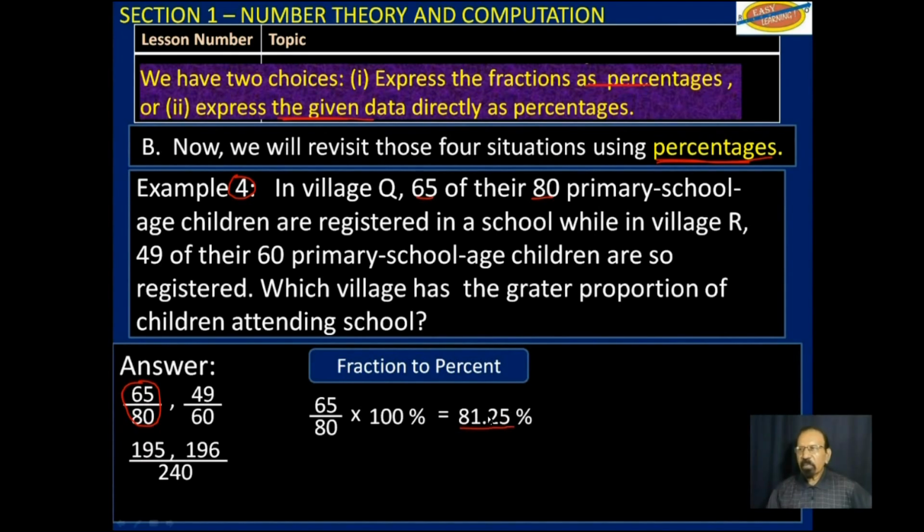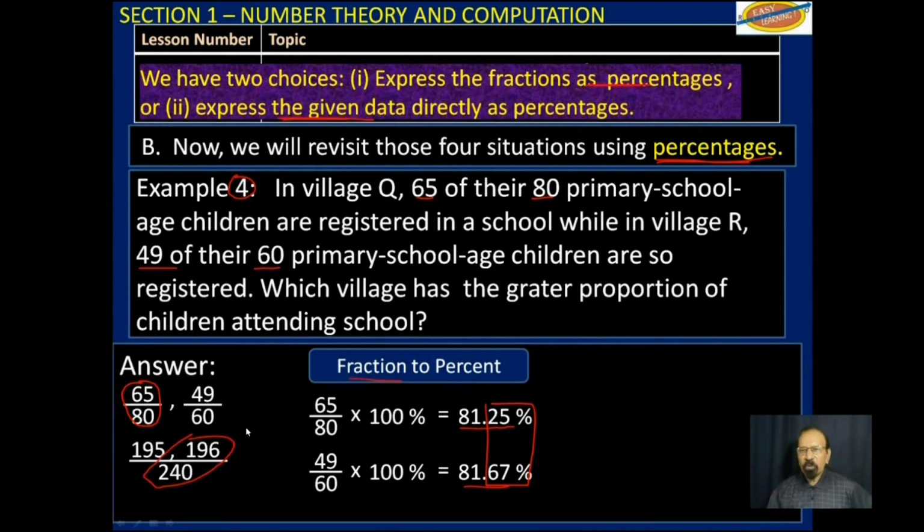And then we take the next fraction, 49 out of 60, multiply by 100, and you get 81.67%. As I said, it's not really much more, but village R evidently has the edge.